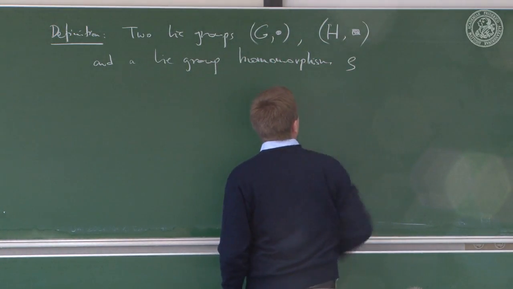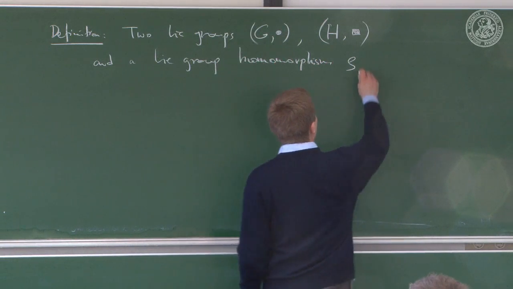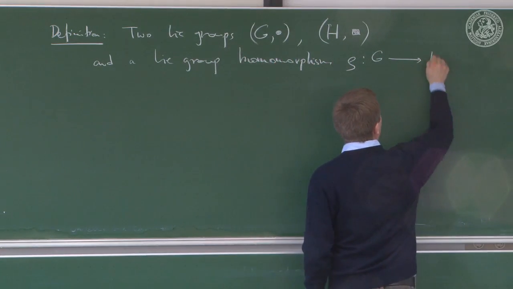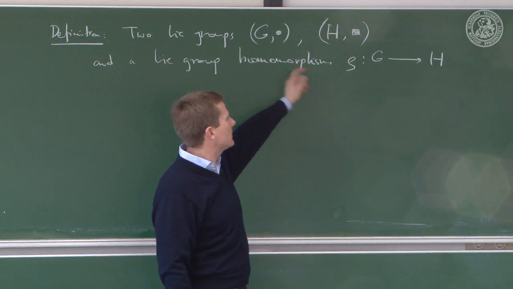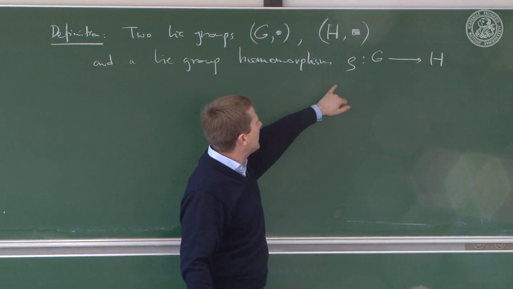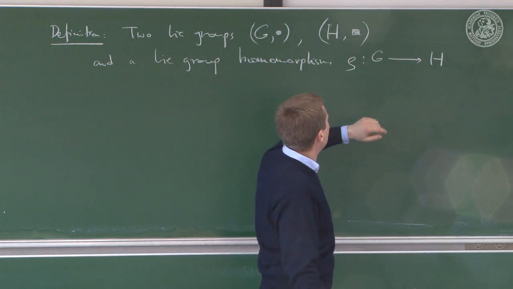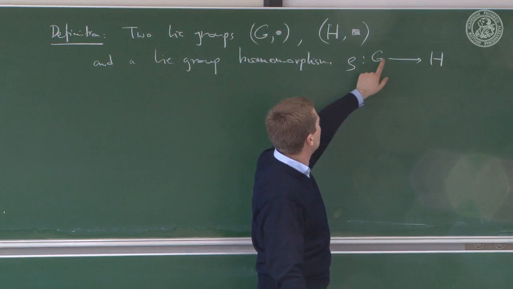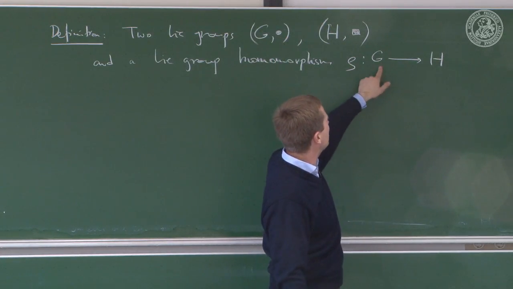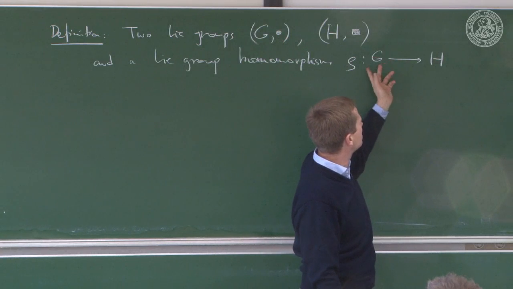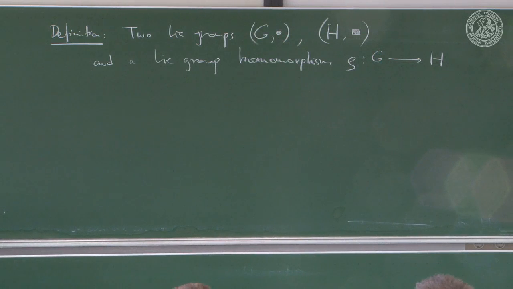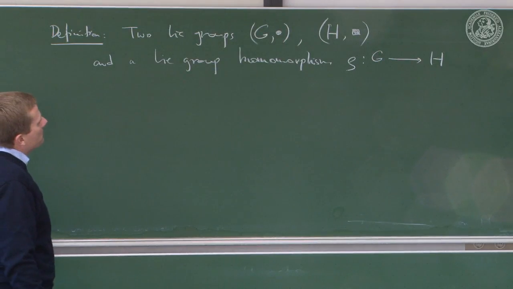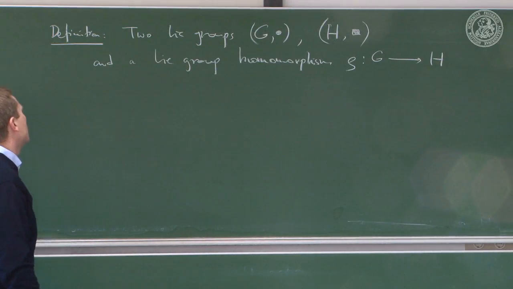Let's call that guy rho. It's not a representation like before, but it's now a rho that takes you from one Lie group into the other Lie group. Lie group homomorphism means it's a smooth map, because we always took smooth Lie groups, and it's of course still a group homomorphism. You know, meanwhile, how that works: the blob product can be taken and then you apply the rho, or you can first apply the rho to two elements and then take the square product. It's a Lie group homomorphism.